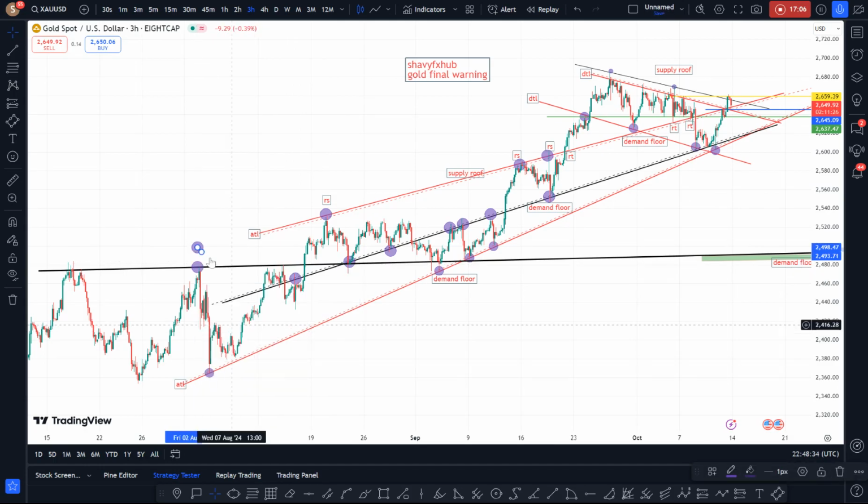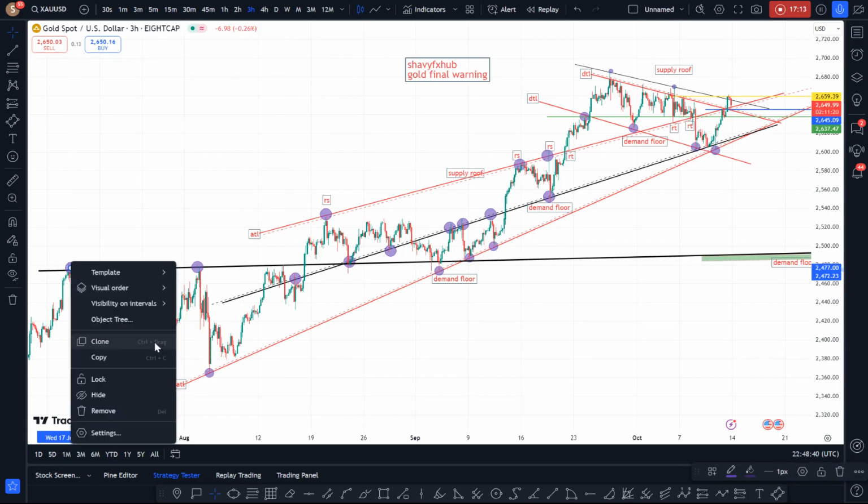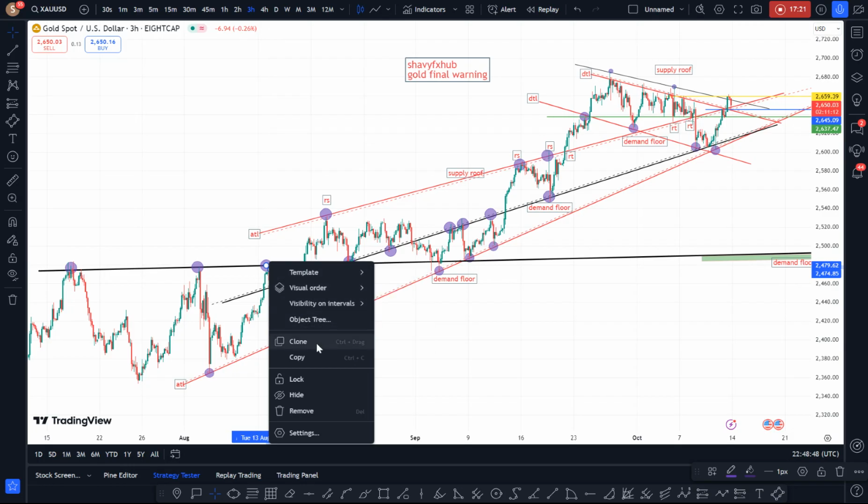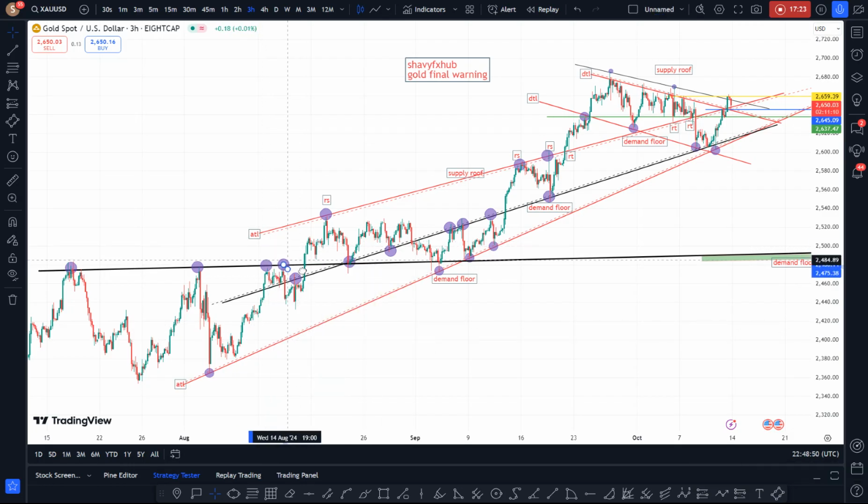We have another resistance structure building up as a supply, 3-hour supply zone. Zones work differently on different time zones. We have supply zone on a higher time frame and a supply zone on a lower time frame. But the higher time frame zone holds against a smaller time frame zone.